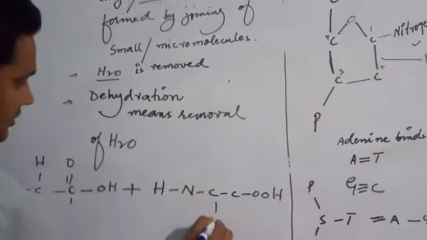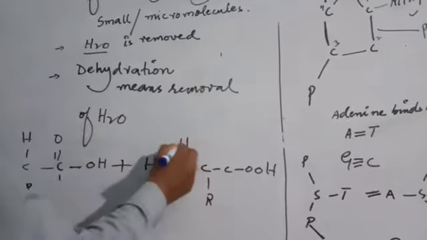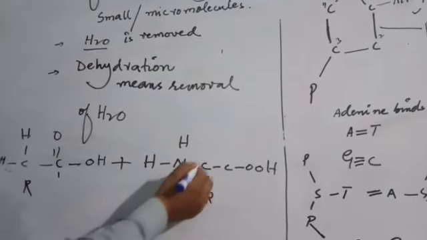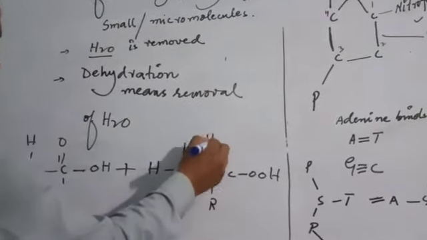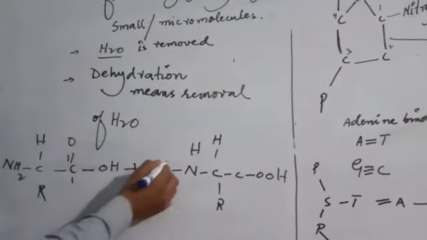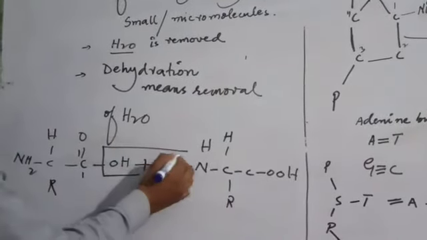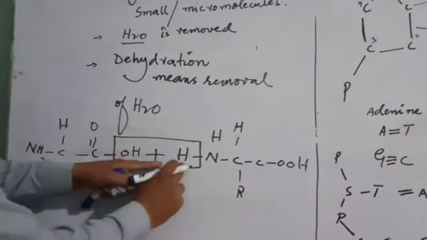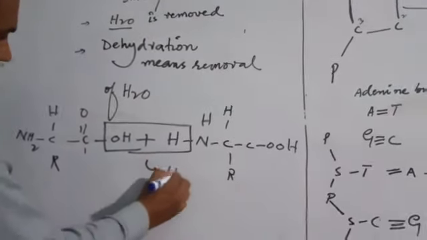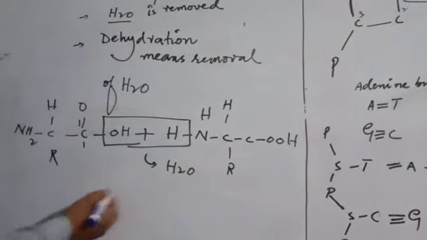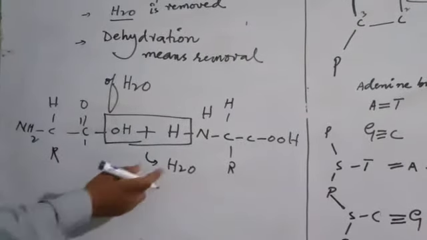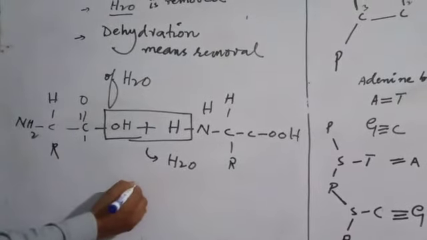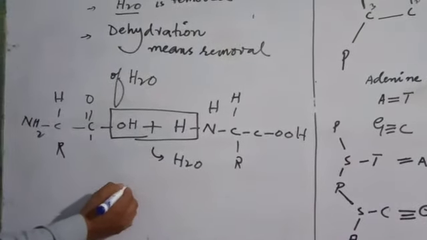When the OH group and hydrogen join together, water is formed and another molecule is formed. This molecule is formed, this is the macromolecule.